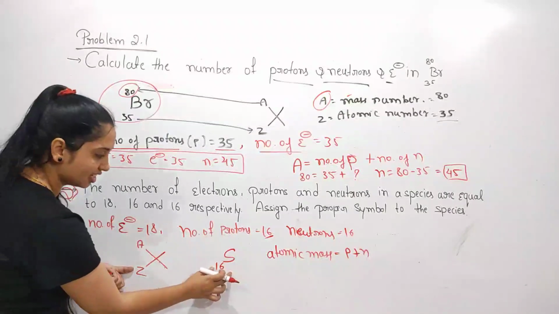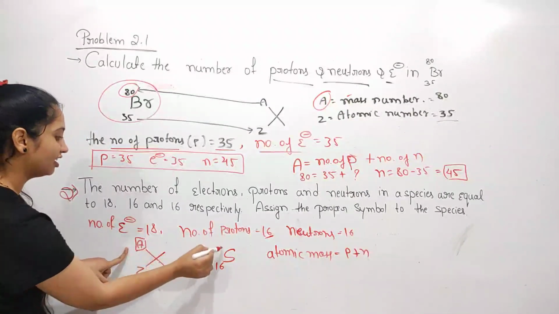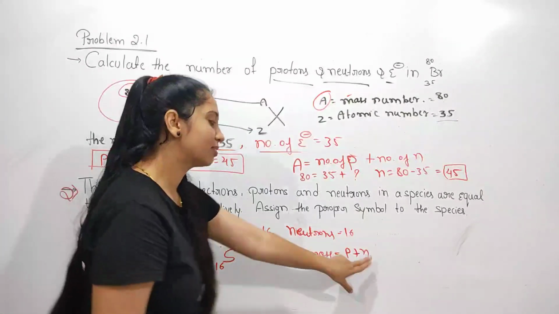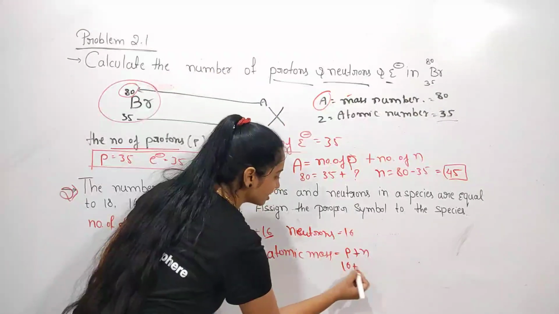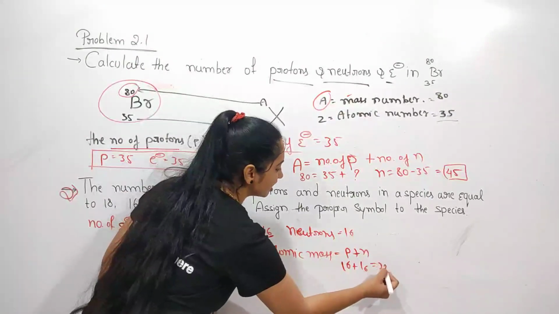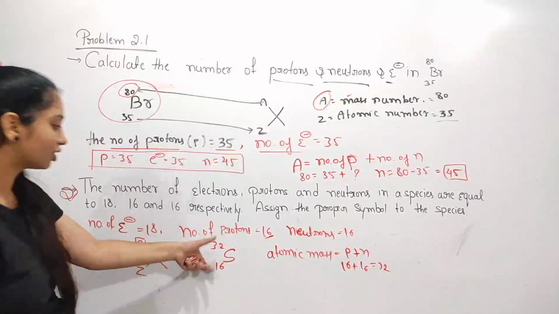I write 16 here. Now, we want A here. So A means atomic mass. Atomic mass is equal to the number of protons plus the number of neutrons. The number of protons is 16 plus the number of neutrons is also 16. So how much is this? 32. So this is 32 here, the atomic mass.